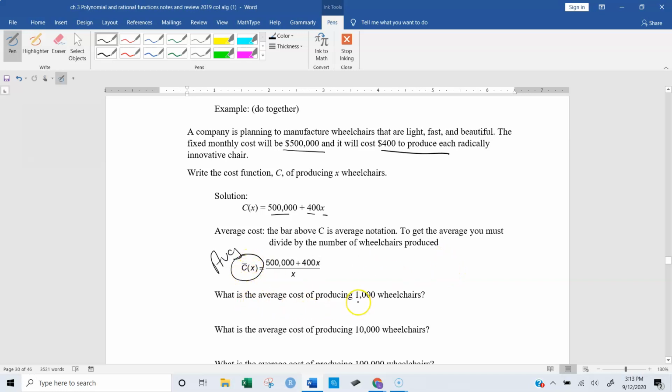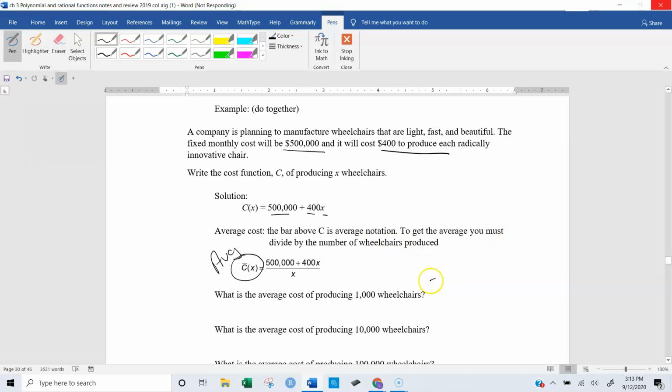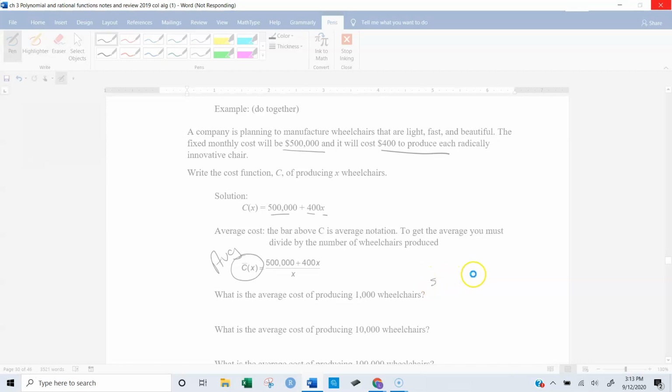So now I'm going to plug 1,000 in and see what my wheelchair cost is. So get up calculators, plug in 1,000 to the regular formula. So now we're going to end up with 500,000, plus 400,000, all over 1,000.